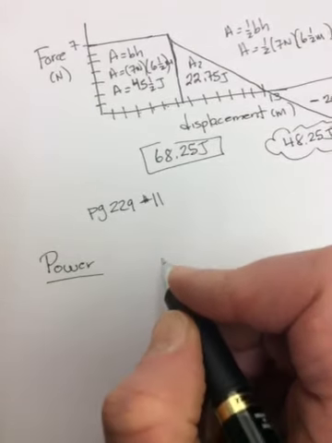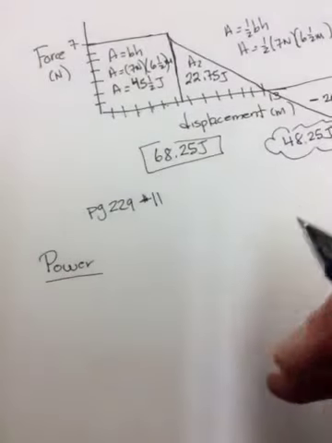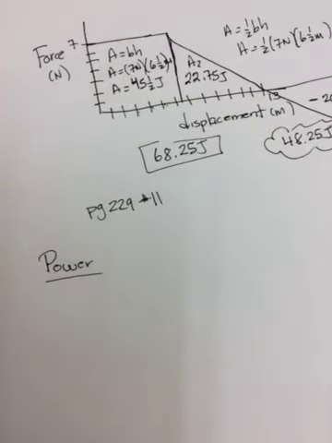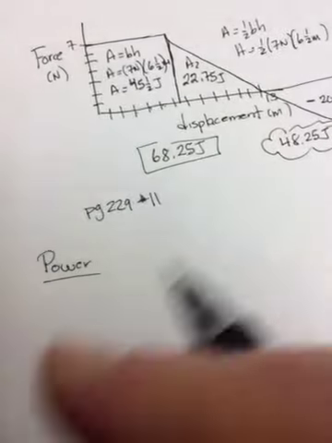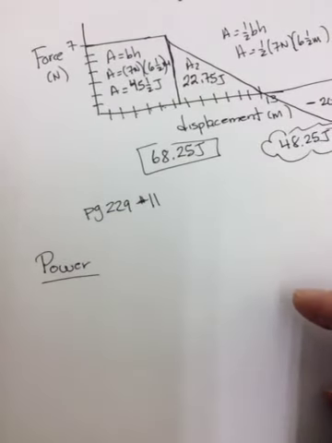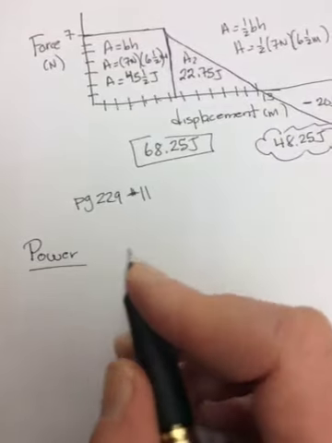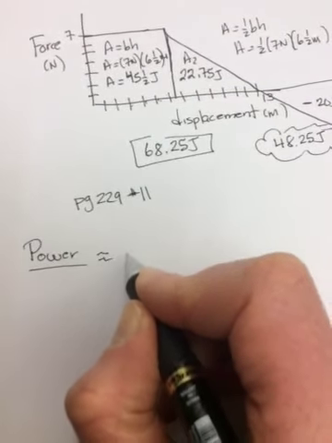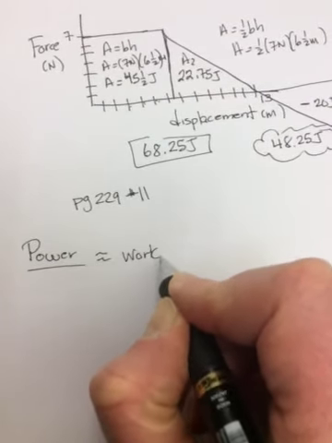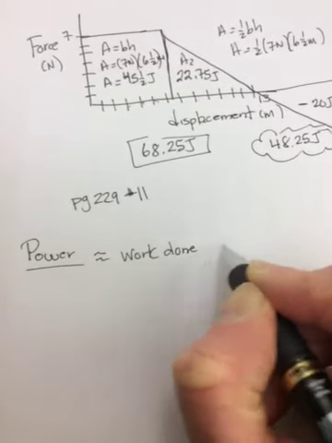So the work we're doing, the force we're using to push it, the distance we're pushing it over, the work done is the same. But what might not be the same is the power, because power is equal to the work done in a given period of time.